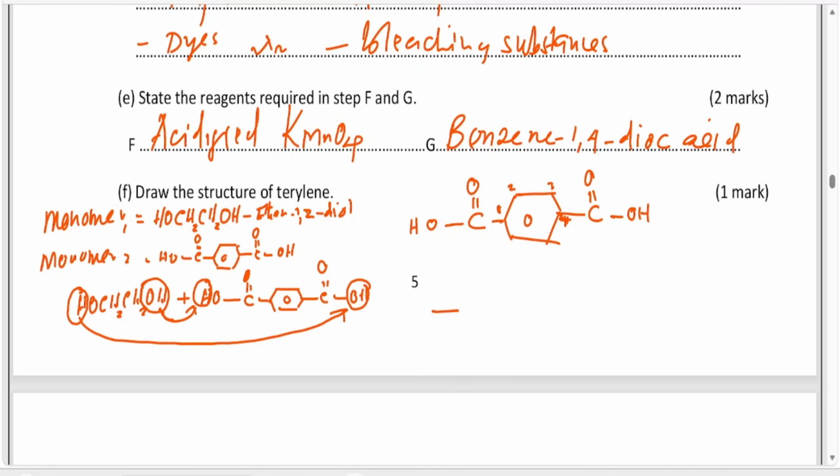When you check, we are going to remain with something like this. We are going to have oxygen, then carbon and 2 hydrogens, then another carbon and 2 hydrogens, then the benzene ring, that is the benzene-1,4-dioic acid. So you're going to be left with O, then the carbon that has been attached to oxygen, then the ring itself.